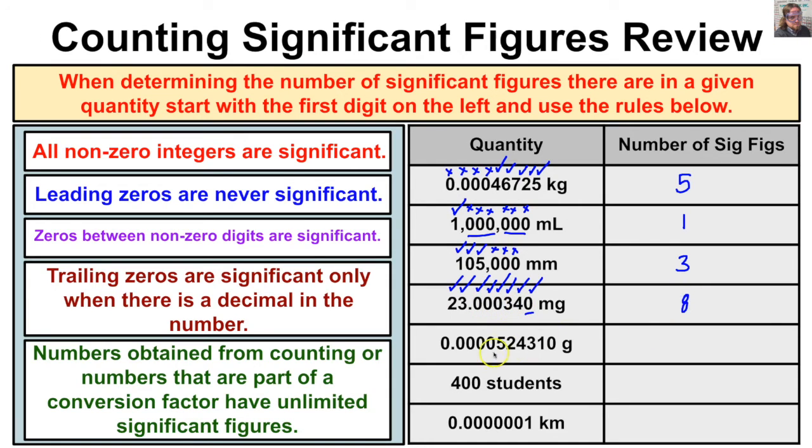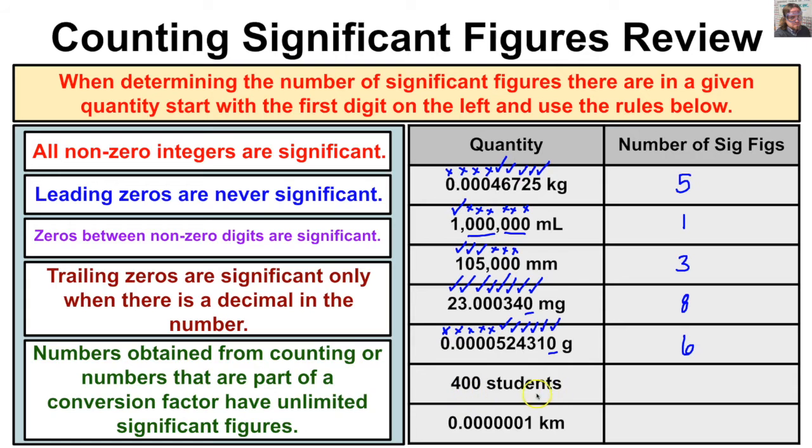In the next one, the leading zeros are not going to be significant, as leading zeros are never significant. The 5, the 2, the 4, the 3, the 1 are all significant, and last, this trailing 0 is significant because there's a decimal in the number. So there are 6 significant figures.